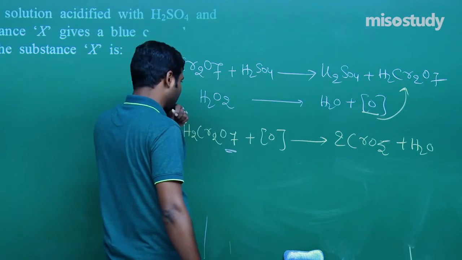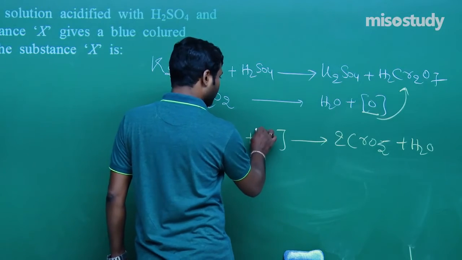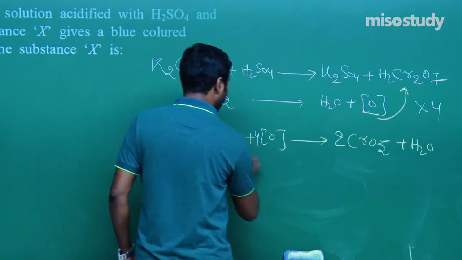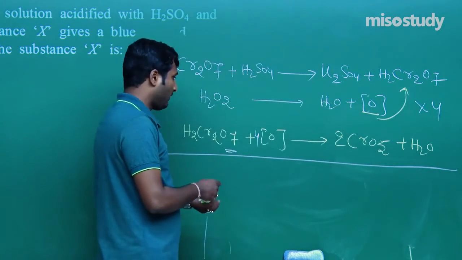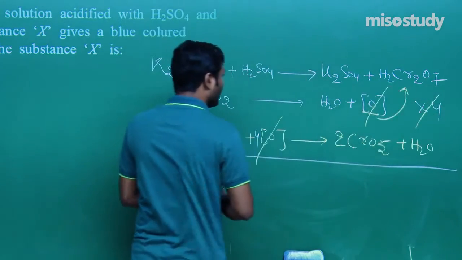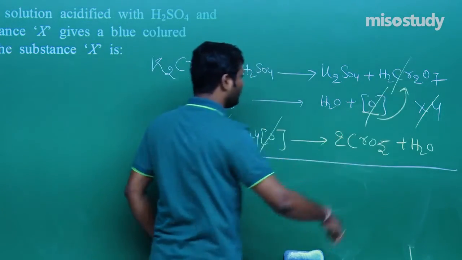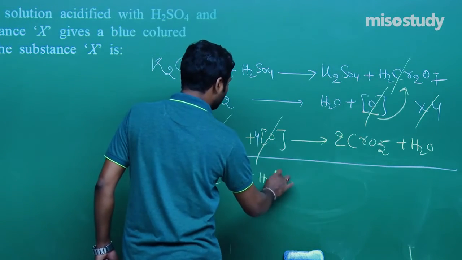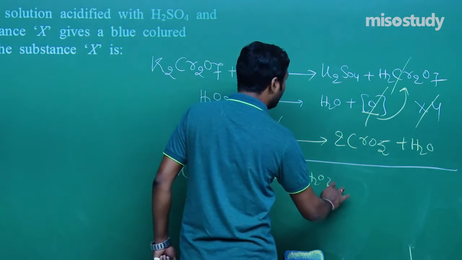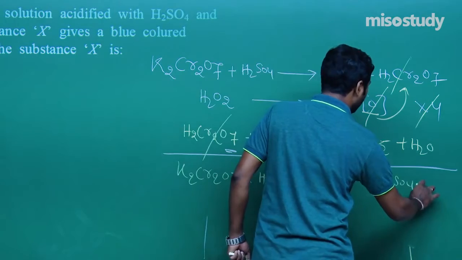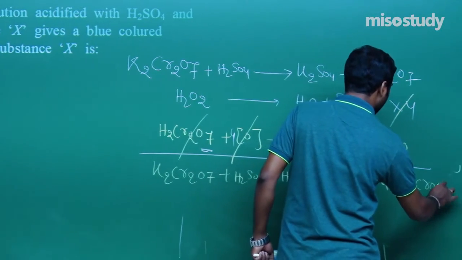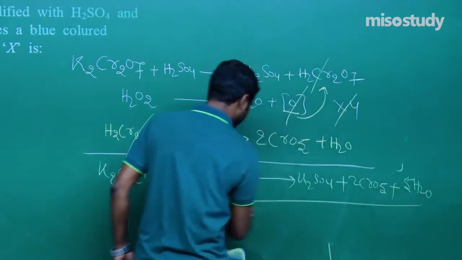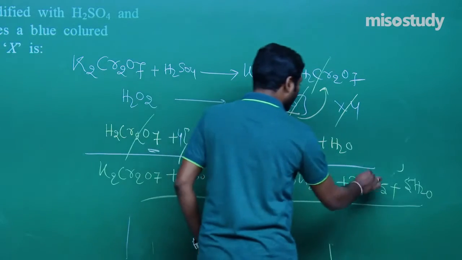Balancing oxygen and chromium, multiply this equation by 4. After adding, this will cancel this one and this will cancel this one. So the final reaction is K2Cr2O7 plus H2SO4 plus H2O2 gives K2SO4, 2CrO5 and 5H2O. This is the complete reaction and this is a blue colored solution.